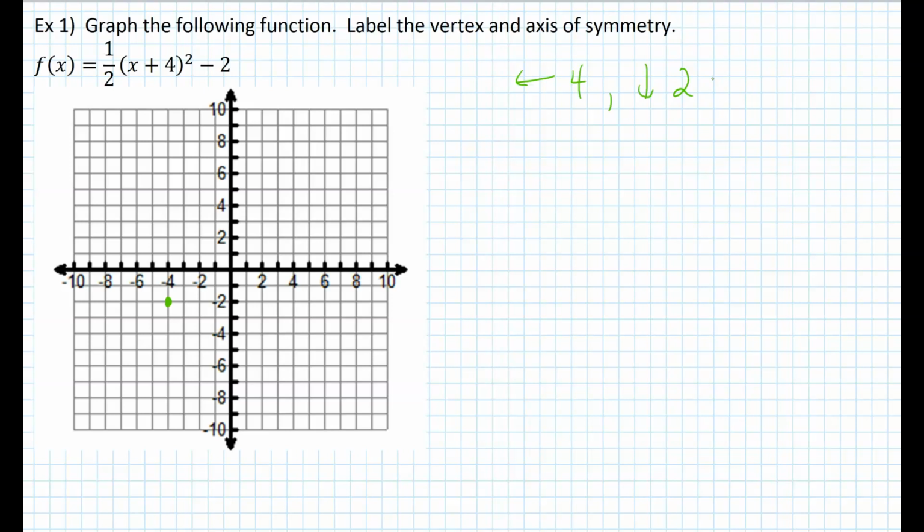I mean the 1/2 is a vertical shrink, right? Vertical shrink by 1/2, so we can apply that. So I would have to make sure that I reference my original graph in order to do that. What else could we do?